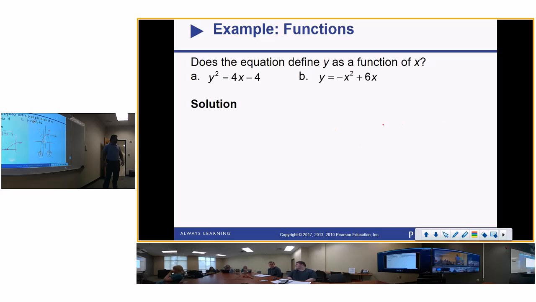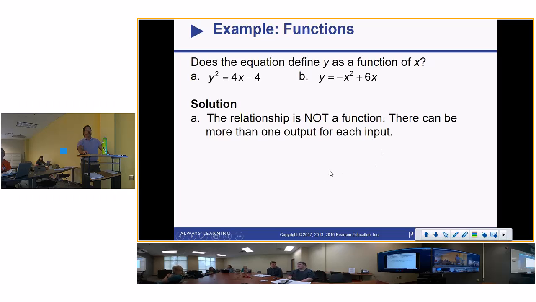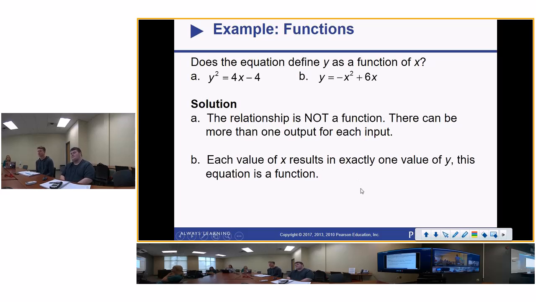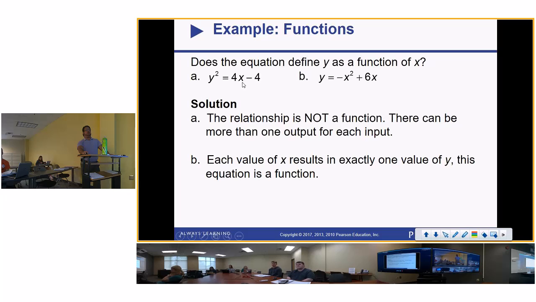So let's see what happens. Give it to the relation. Y is equal to the square root of 4x minus 4. What did you get when you graphed this? Y is equal to the square root of 4x minus 4.